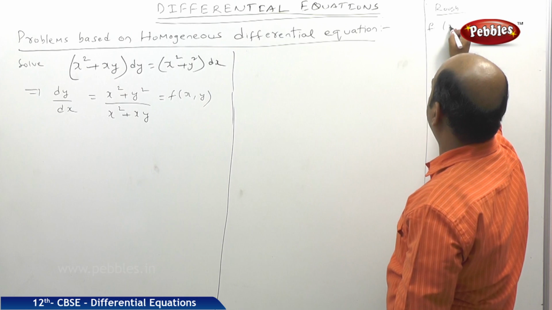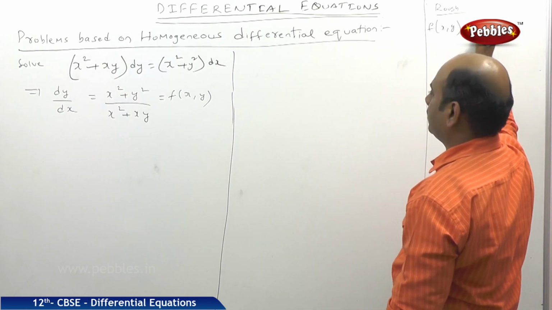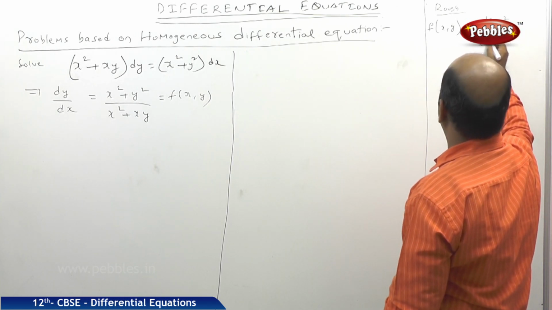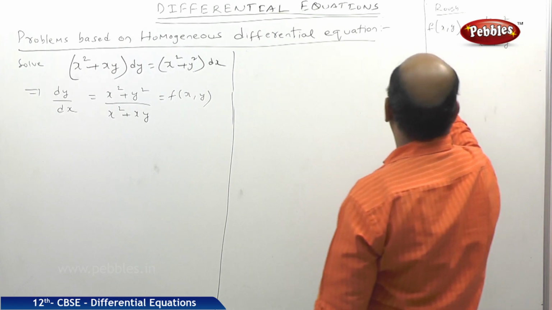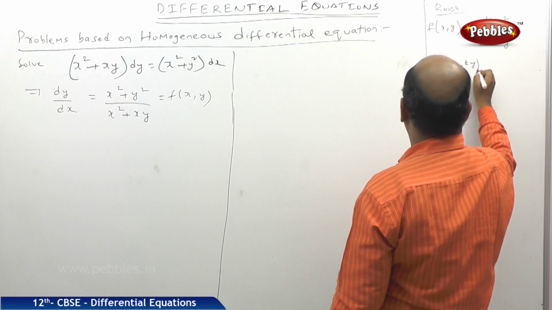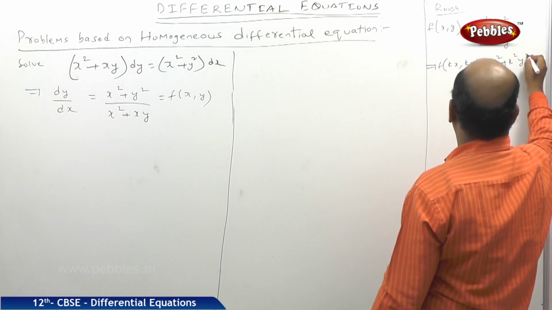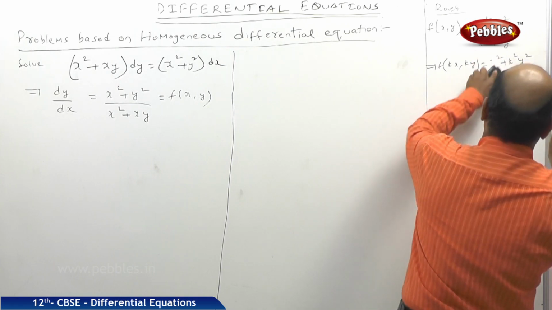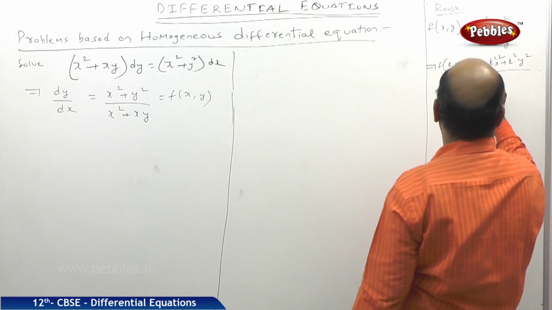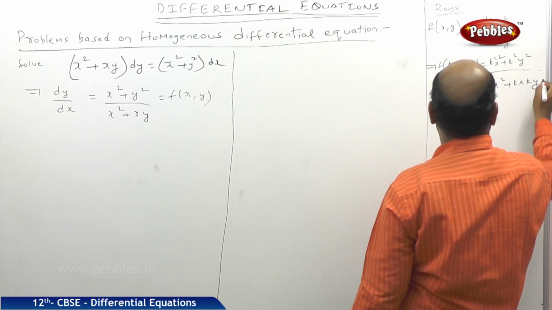So f of x comma y is nothing but (x square plus y square) by (x square plus xy). So in place of x I need to put kx, in place of y I need to put ky. So what happens, k square x square plus k square y square divided by k square x square plus kx into ky.